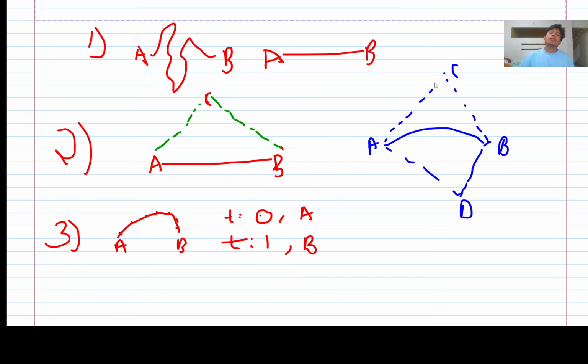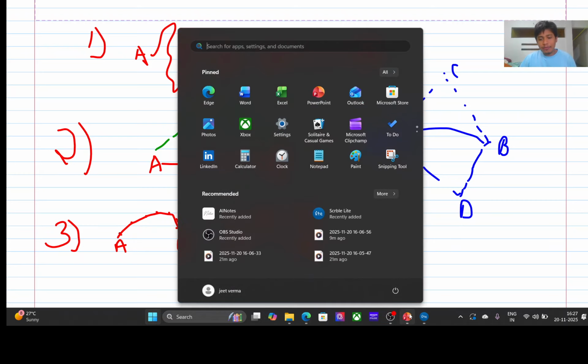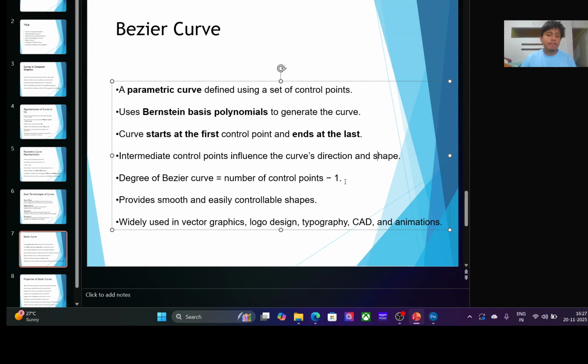Here, A, B, C, D are all control points. A to B is the curve and the rest is the convex hull. If I move A to here and B to here, the curve will change, of course. That's what the statement was saying.